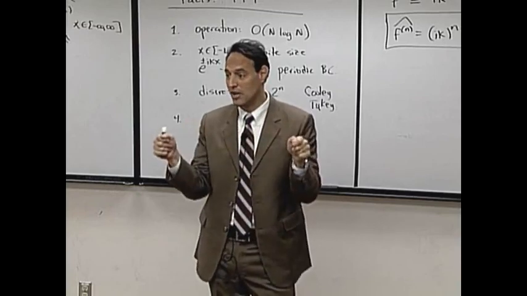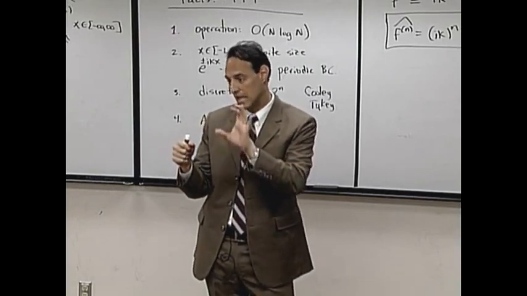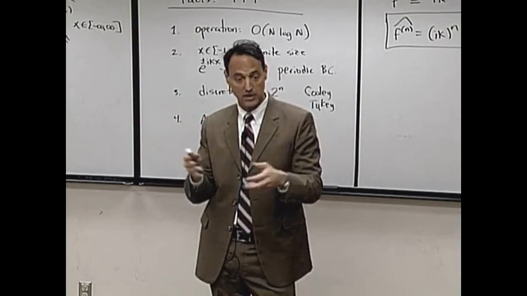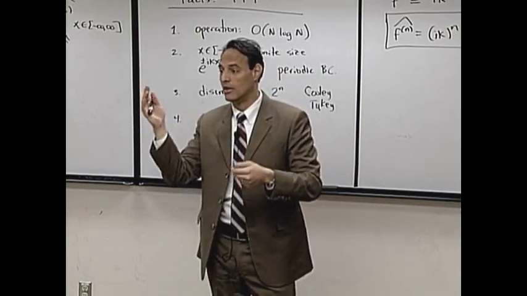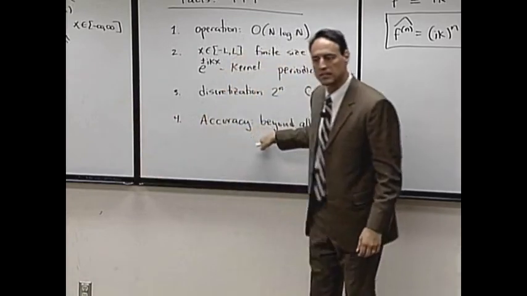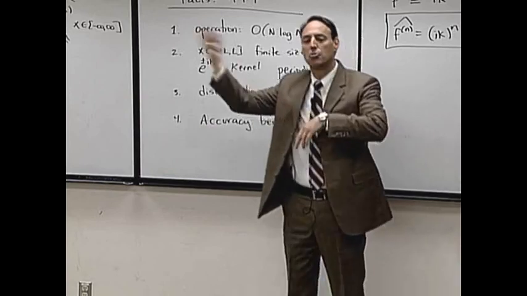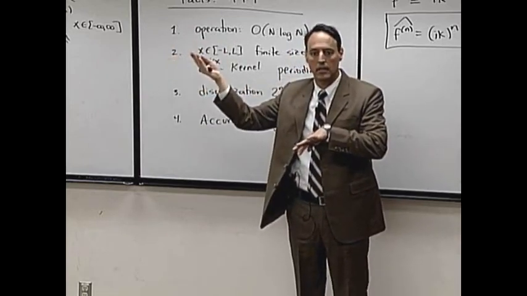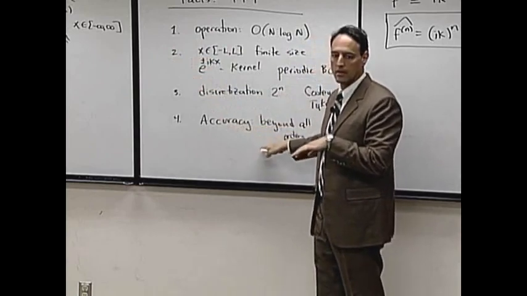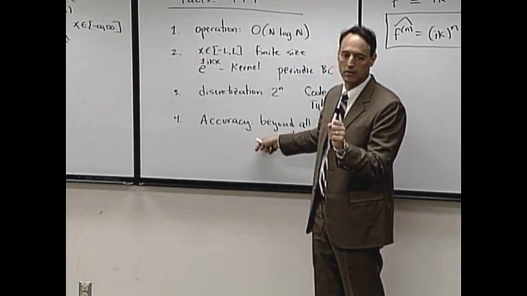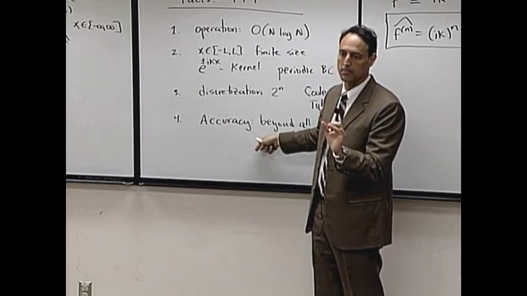So if you use two neighbors, it's order delta x squared. It's algebraic, so delta x to some power. And if I want a more accurate scheme, I can get delta x to the 4 or delta x to the 6. The accuracy of this is beyond any algebraic order. It's exponentially accurate. So you're going to be able to get, for the same discretization, far more accuracy than you'll ever have with a finite difference scheme.